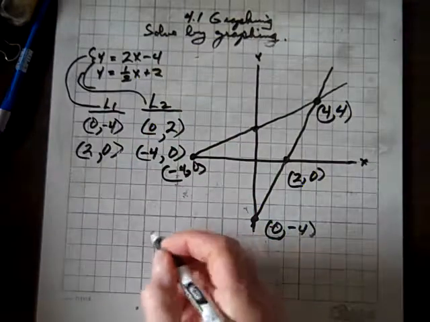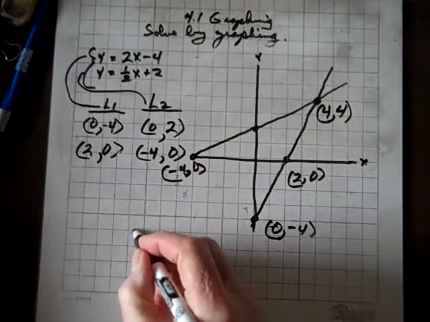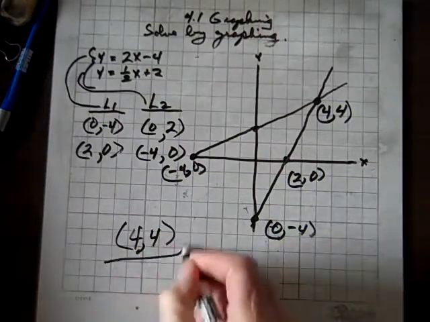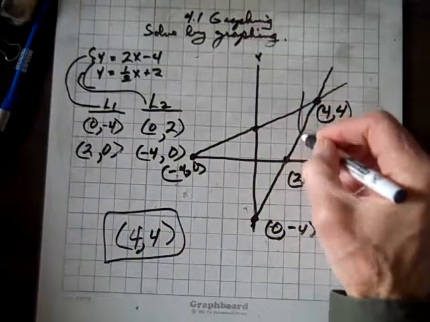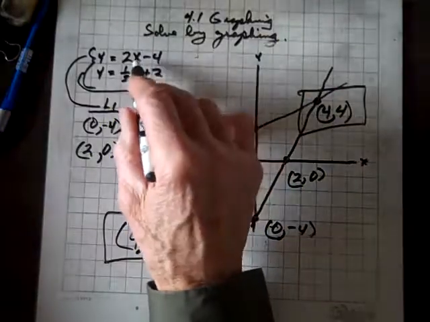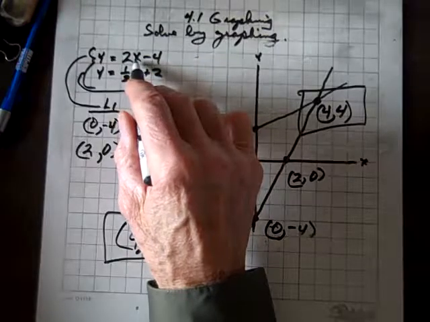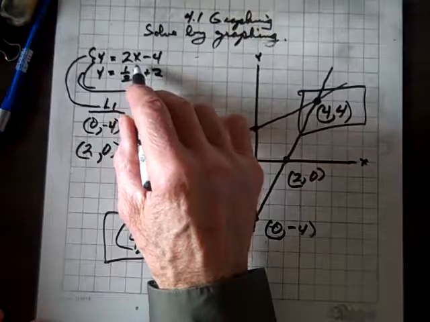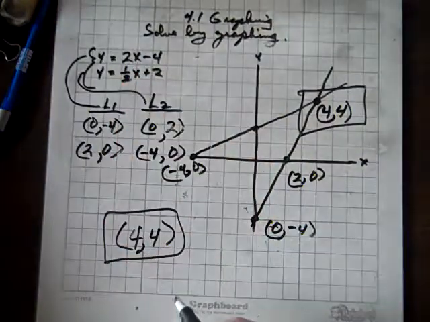Hey, it worked. So our solution by graphing is 4, 4. If you're a little vague on that, again, replace x with 4 in each case, and make sure you get 4 back. So we're done.